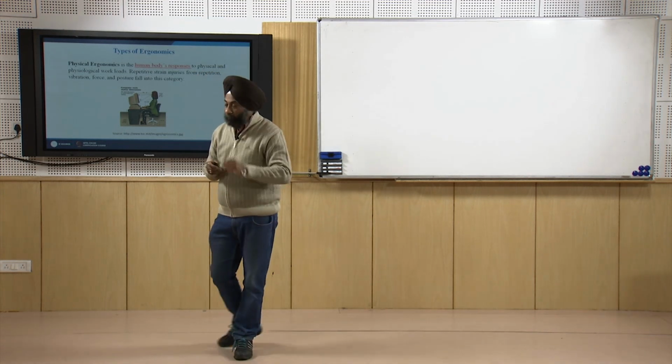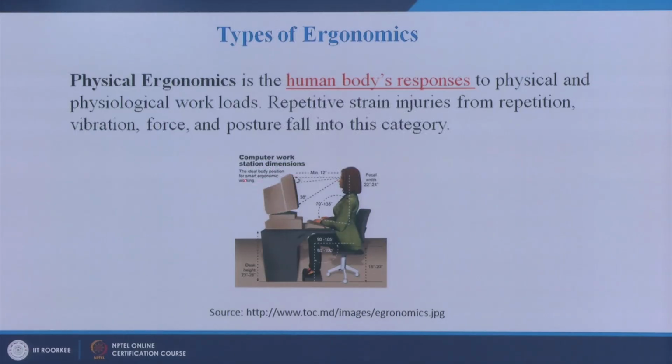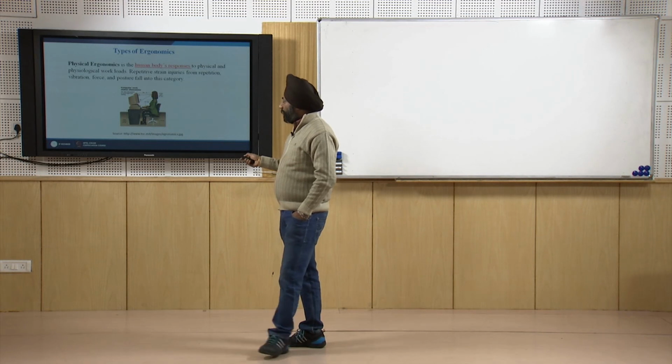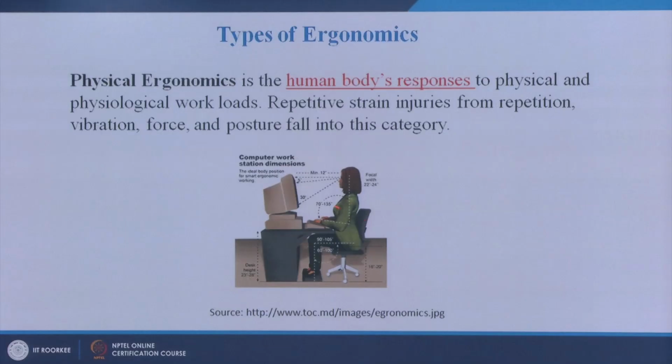That can only be possible if we follow these standard guidelines, the ideal body position for smart ergonomic working. If we follow the guidelines in the design of this overall system of a worker sitting on a chair working on a desktop, the overall performance will improve and the strain injuries because of vibration, force and posture will be reduced.